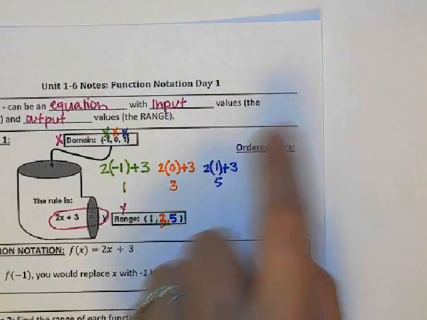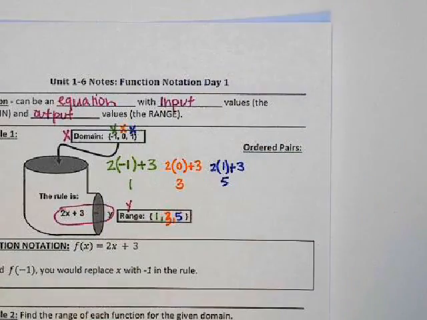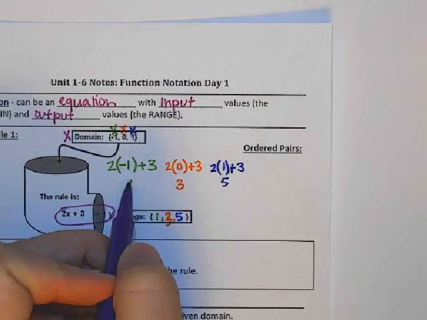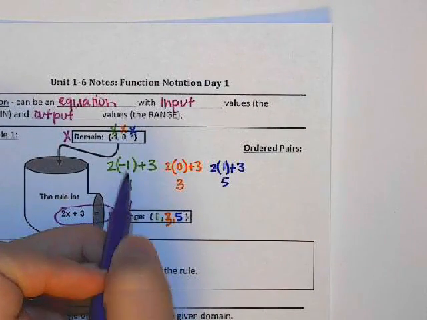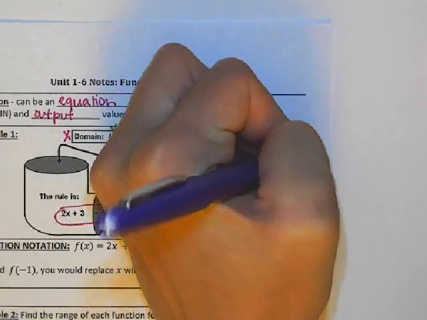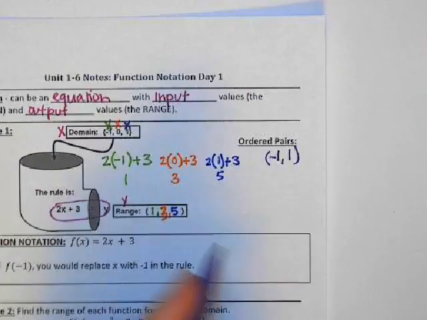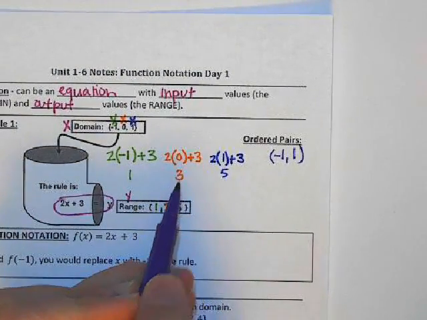Okay, notice what it says over here is my ordered pairs. So if I plugged in a -1 and I got 1 as my y, that's my x and my y. They go together. So my ordered pair would be -1, 1. Then I had x is 0, and when x is 0, y was 3.